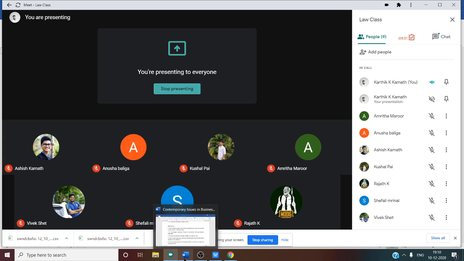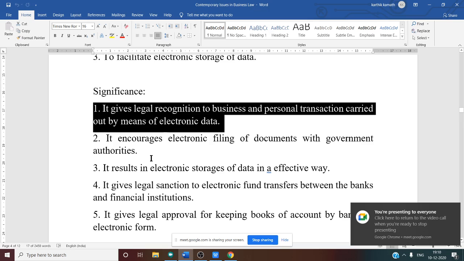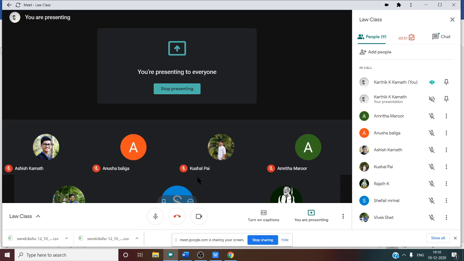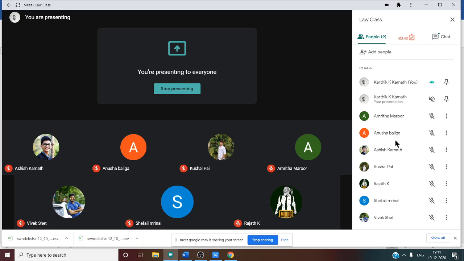Now everything is online. Now you see the second point: it encourages electronic filing of documents with government authorities. What example can you give here? Suppose you want to apply for a ration card.